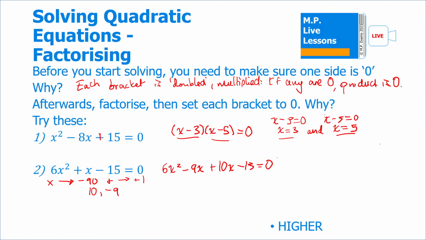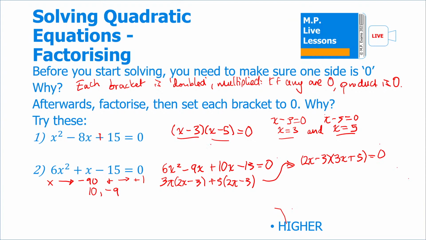So let's start factorizing. So then we get 2x -3, and then 3x plus 5.